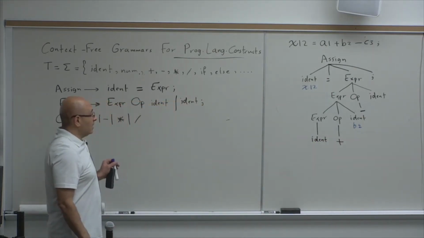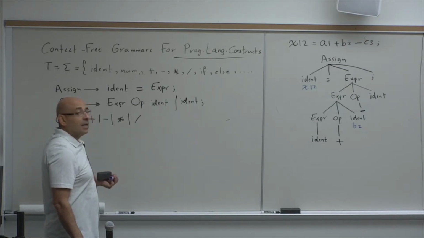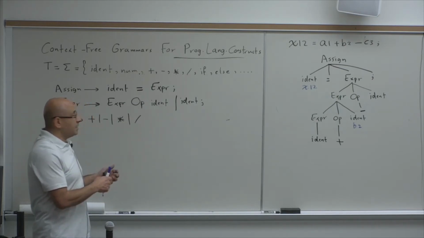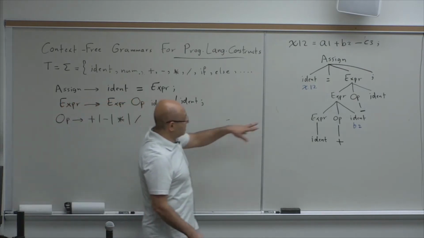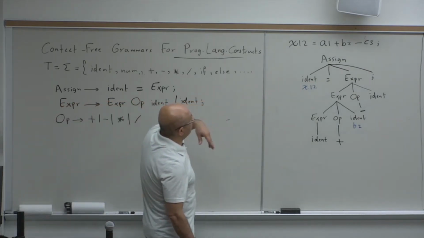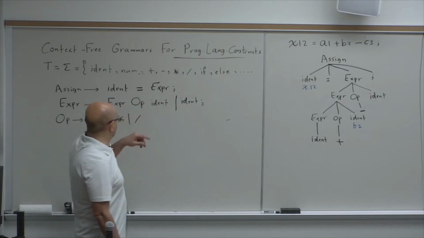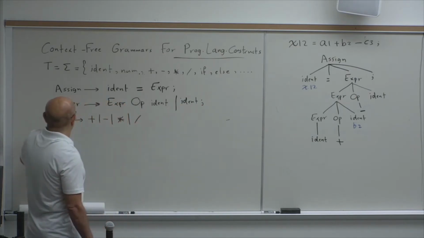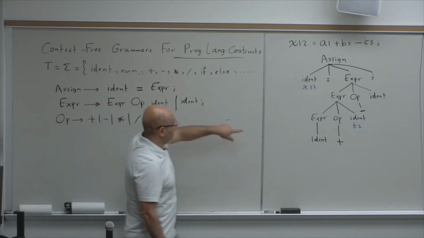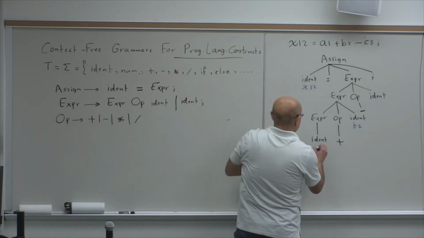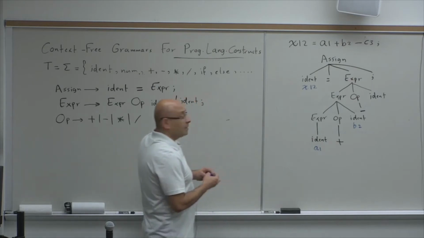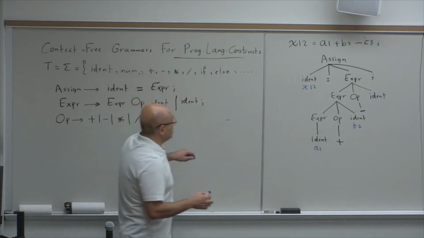Okay. So by the way, don't skip rules in the derivation. We don't have a rule that goes from expression to just A1 or A2. So expression can be an identifier, and an identifier in this case is A1. And what's this identifier?